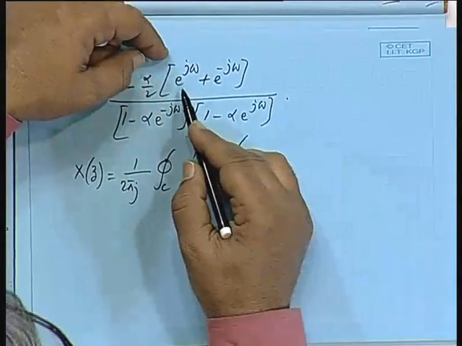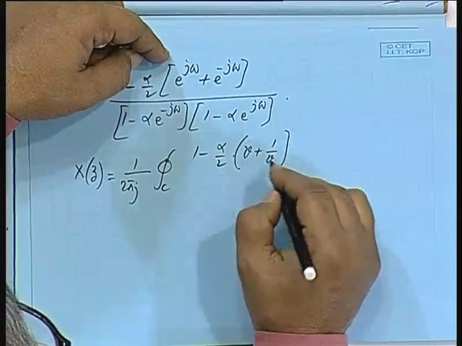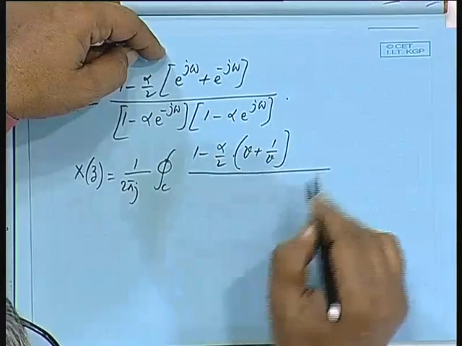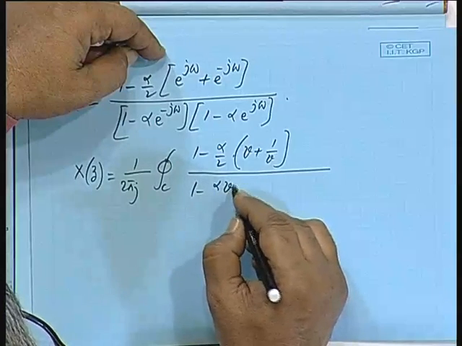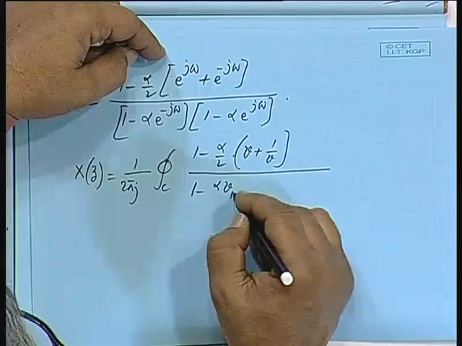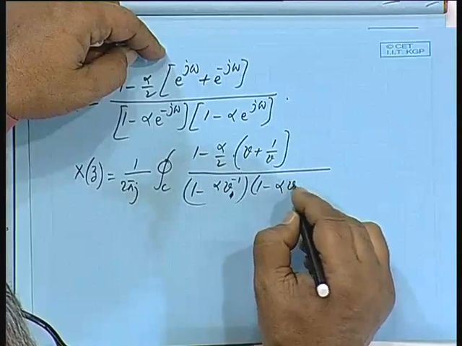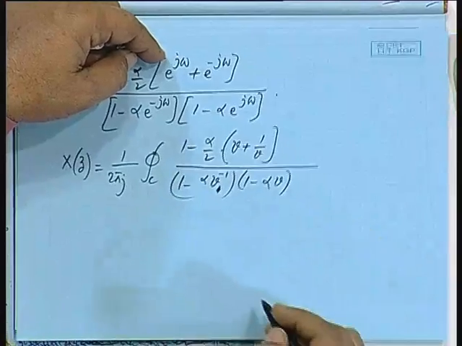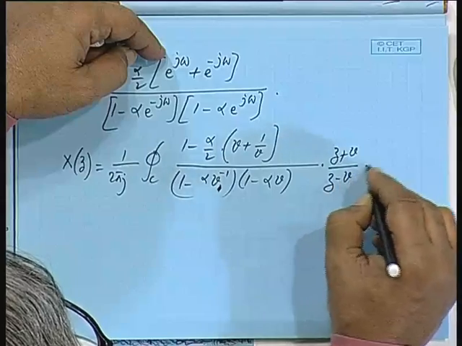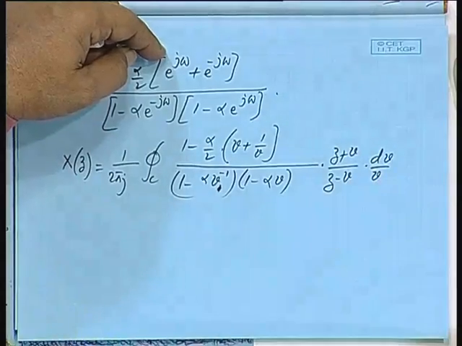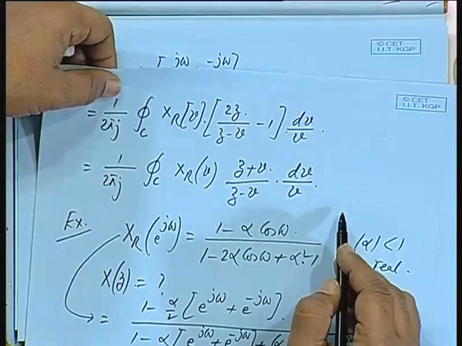So, I will write this as v plus 1 by v, and this one will be 1 minus alpha v to the power minus 1 into 1 minus alpha v, into z plus v by z minus v into dv by v. I have just used the earlier relationship that we established.